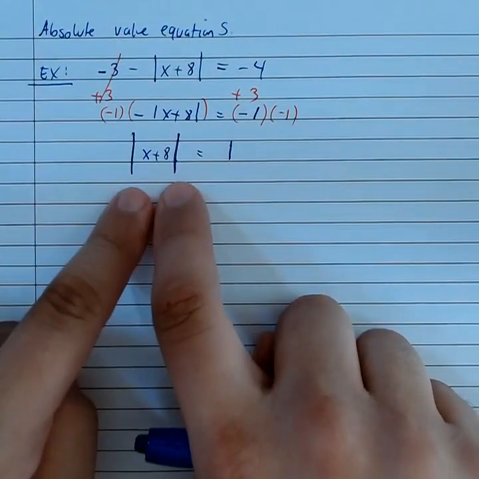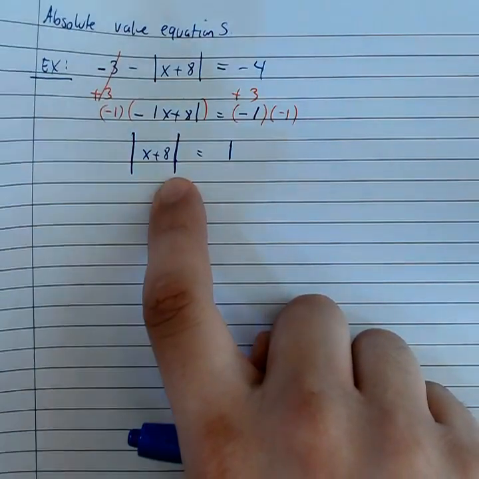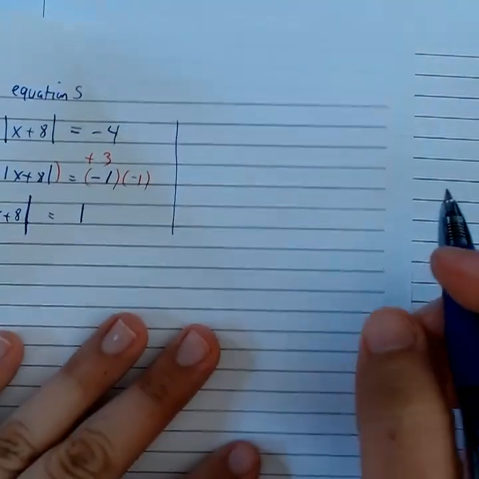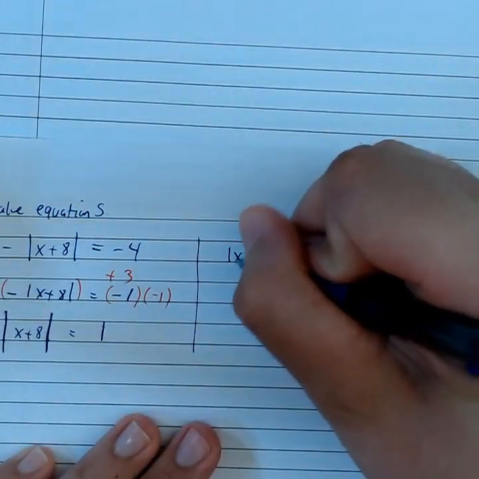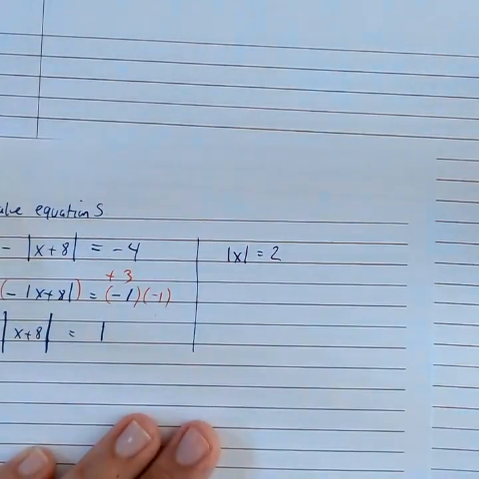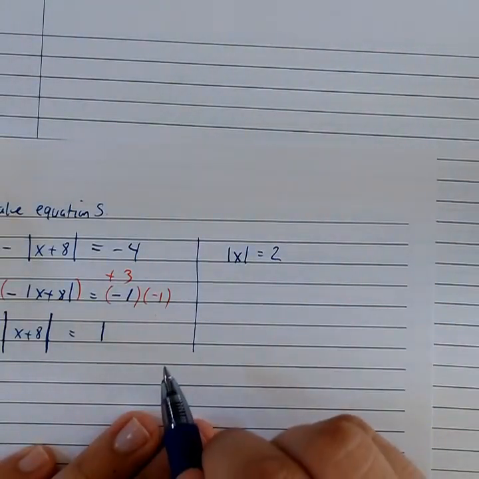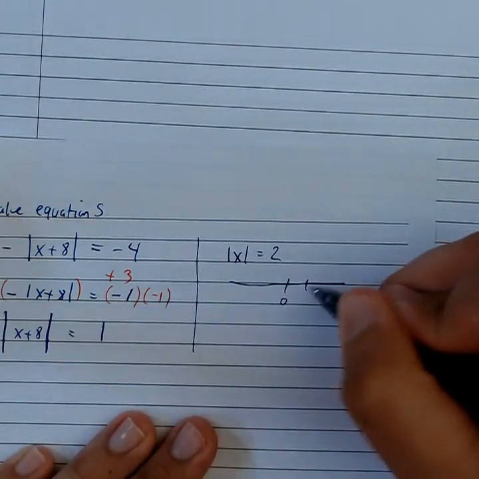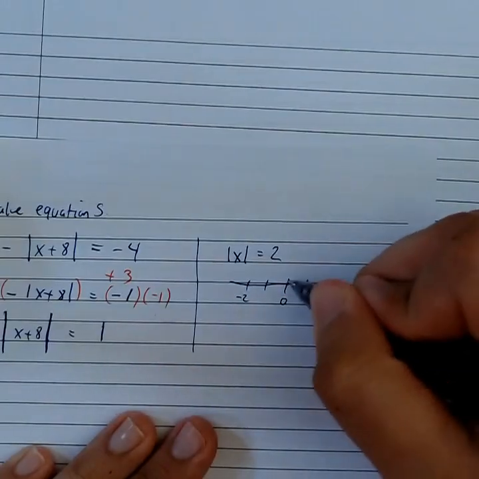Remember what absolute value is. Absolute value is how far away something is from 0. So we'll come back to the problem here in just a second. Let's go ahead and, off to the side, remind ourselves of what absolute value means. Let's say I have the absolute value of x is equal to 2. What that means is whatever that number is, it's 2 steps away from 0. So if you imagine your number line, and here's 0, the numbers that satisfy this equation are either going to be positive 2 or negative 2.